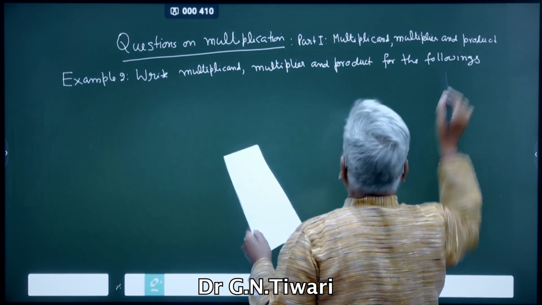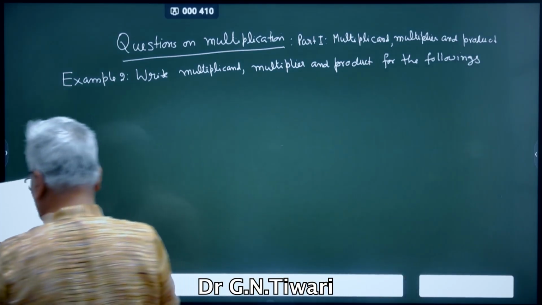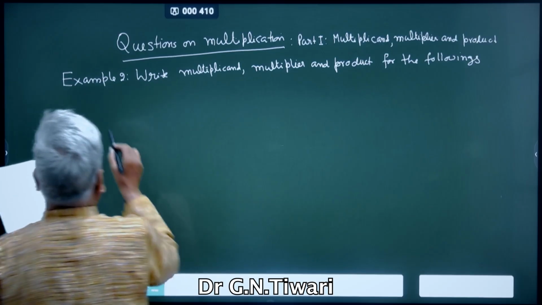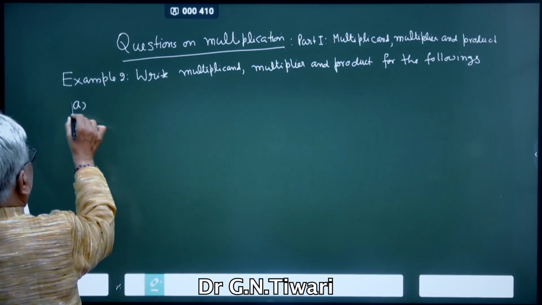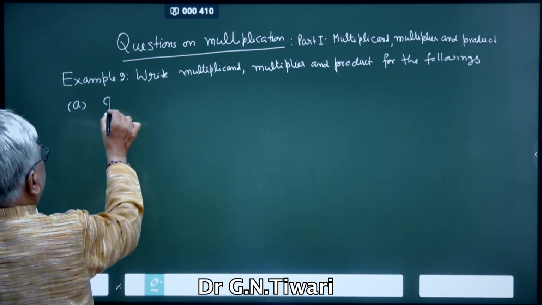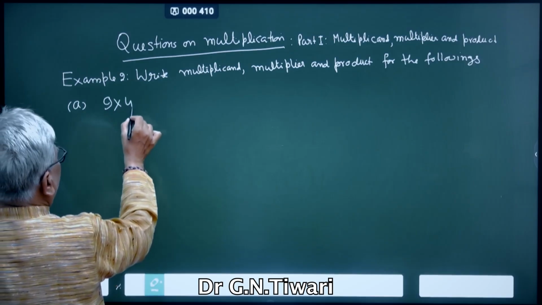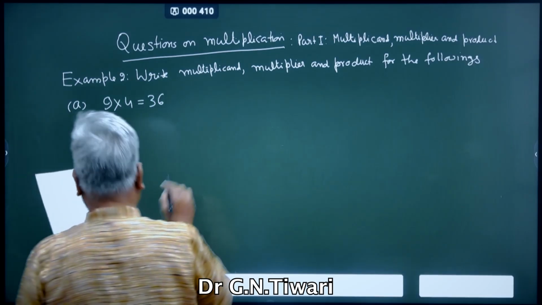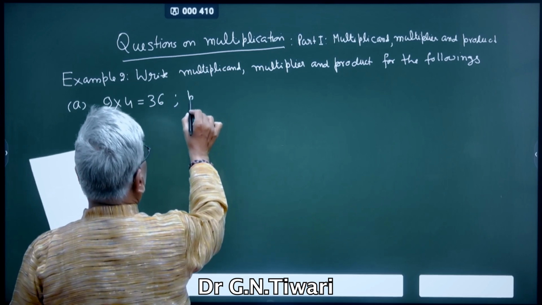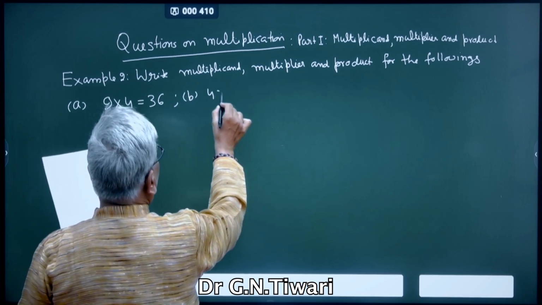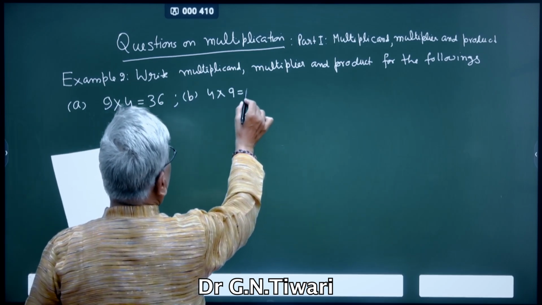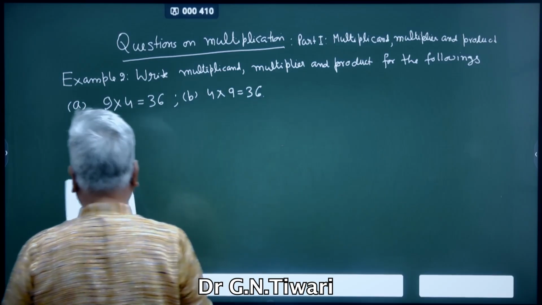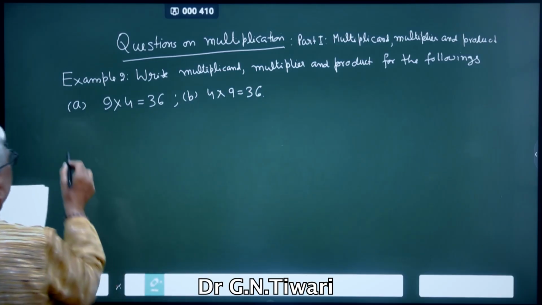A: 9 into 4 is equal to 36, and B: 4 into 9 is equal to 36. Solution.